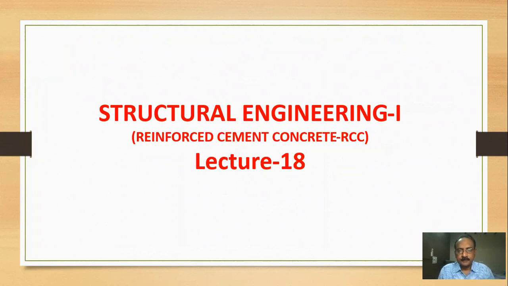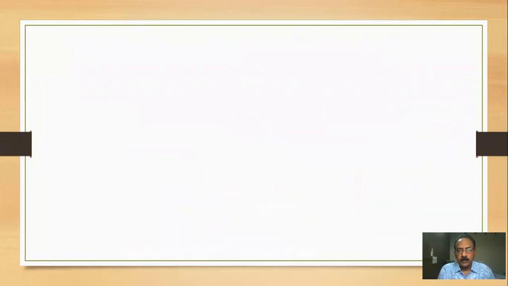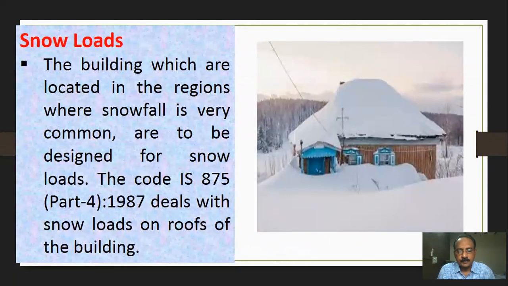In last videos, we discussed wind loads and snow loads. What are snow loads? Generally, these loads affect structures where snowfall is very common, like the Himalayas and hilly areas.